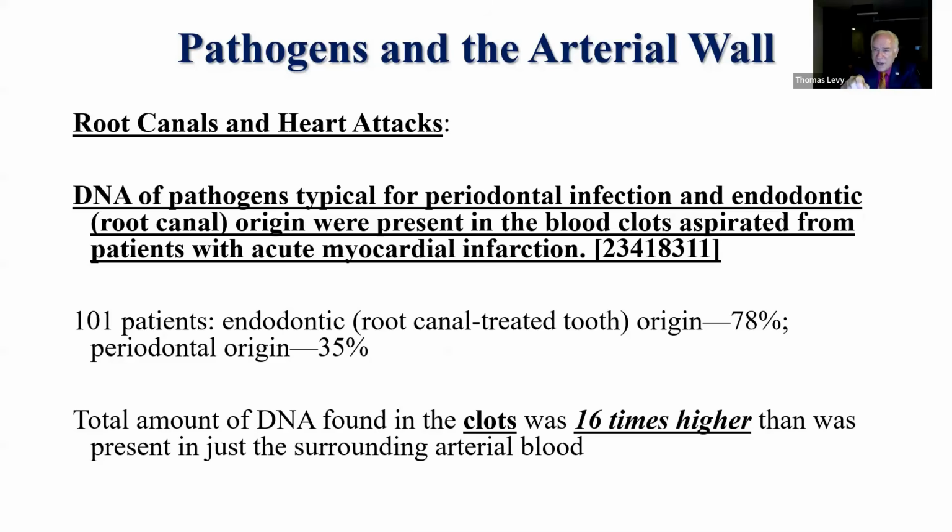When they go in by angiography and suction out that soft platelet clot that did the final obliteration of the lumen, they found enormous amounts of infectious agents' DNA, okay? The total amount of this pathogen DNA inside the clots was 16 times higher, 1,600% higher than in the surrounding blood.